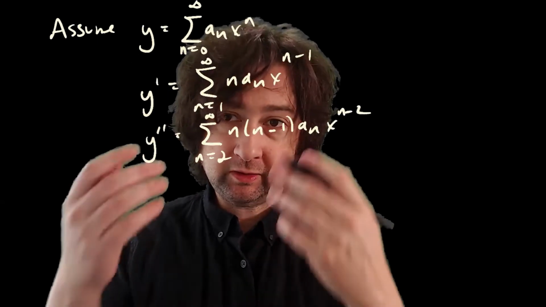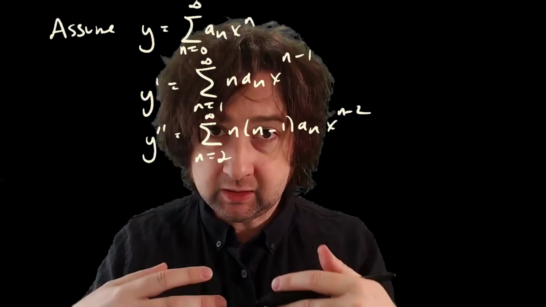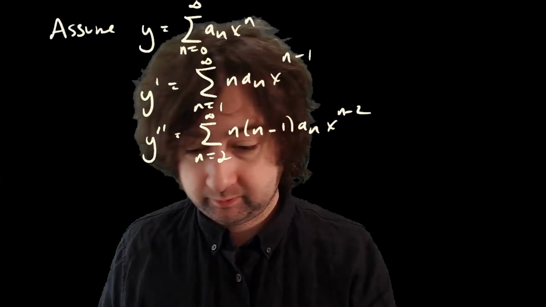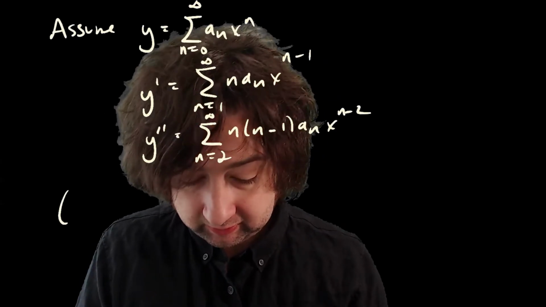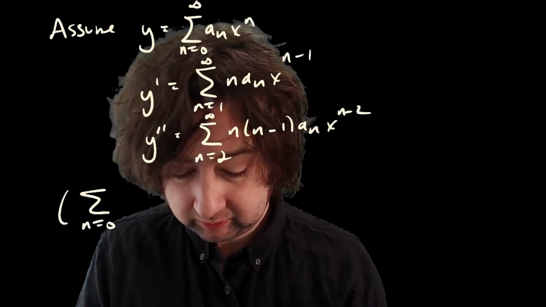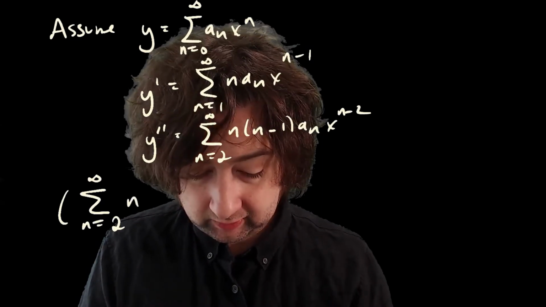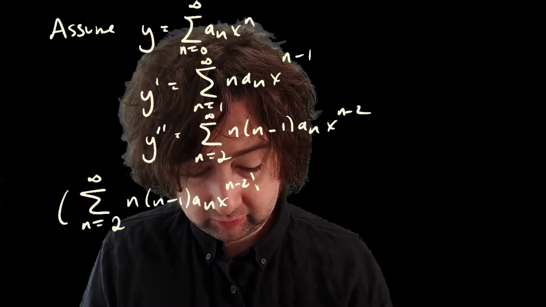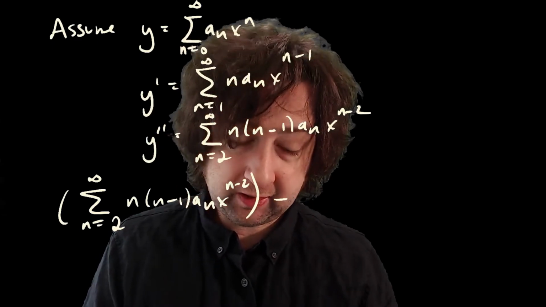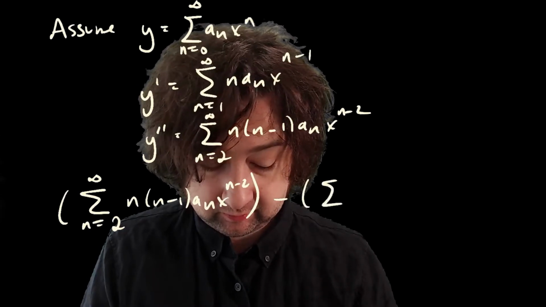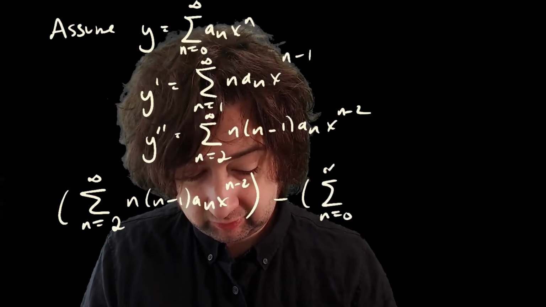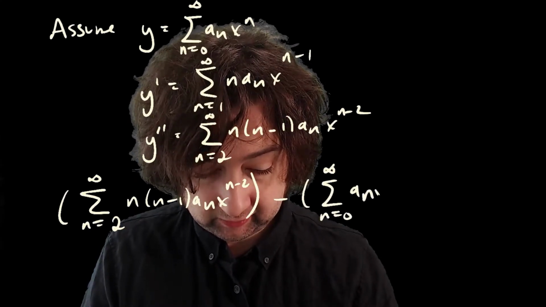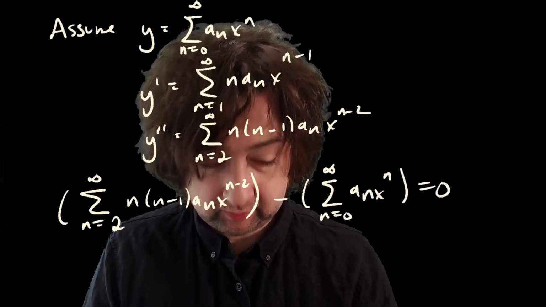So let's take those and plug them into the differential equation. So y'' is the sum from n = 2 to infinity of n(n-1) a_n x^(n-2). And then I have to subtract off y, which is the sum from n = 0 to infinity of a_n x^n, is equal to 0.